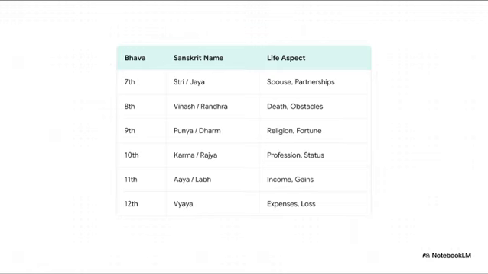The 10th is Karma, the absolute peak of the chart, ruling your profession, status, and public actions, Karm or Vyavsay. The 11th is Aya or Labh, bringing income and fulfillment of desires, Amdani or Labh. And finally, the 12th is Vyaya, covering expenses, loss, and ultimate spiritual liberation, Kharch or Moksha. It's pretty amazing, honestly. Every single human experience is captured right in this framework.